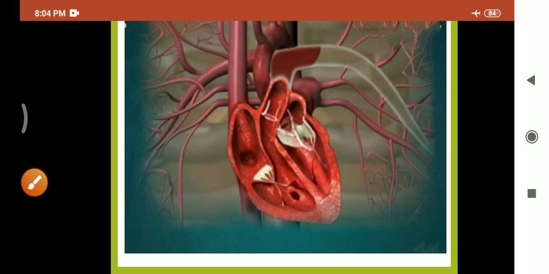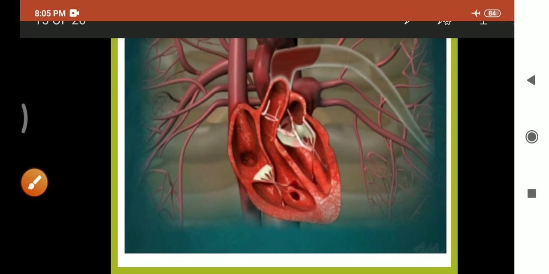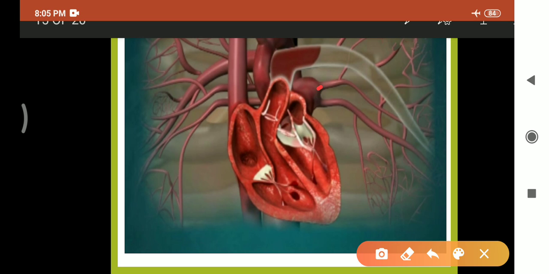So pulmonary veins carry the oxygenated blood, and that blood is carried to the left atrium.